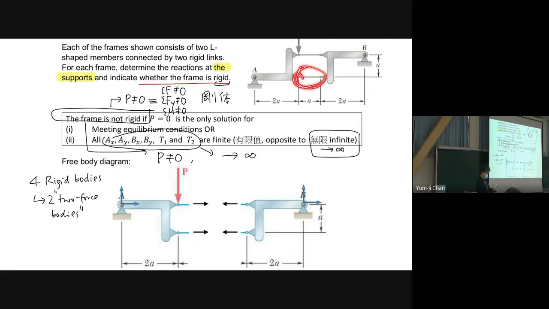What do we know about these two-force bodies?